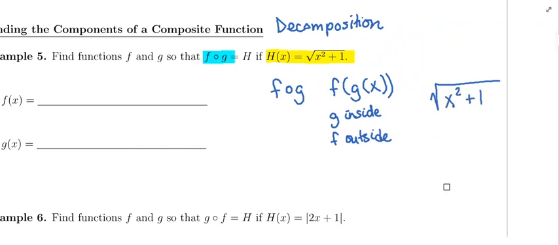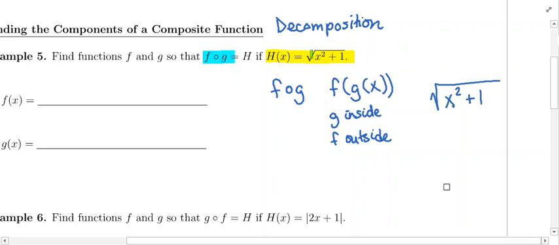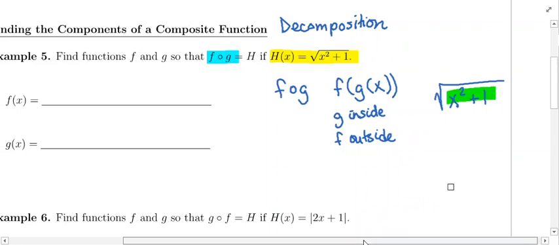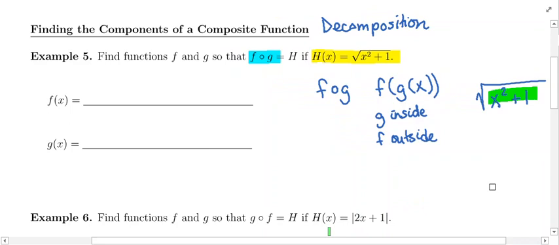When you look at this, what appears to be on the inside? Inside the square root, I have x squared plus 1. So that's going to be your inside function. That's going to be the g. The g is going to be x squared plus 1.